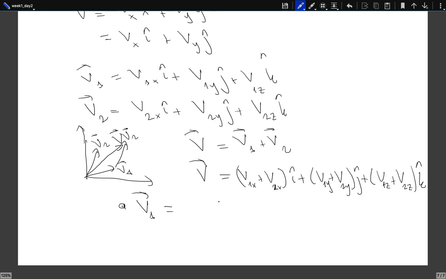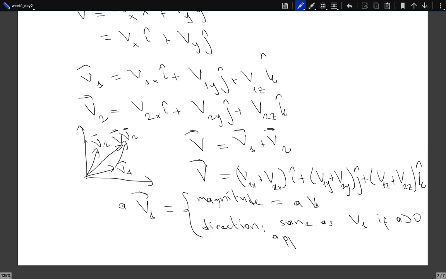Now, this vector is defined as a vector whose magnitude is equal to a times the magnitude of V1, and whose direction is the same as V1 if a is positive and opposite of V1 if a is negative.